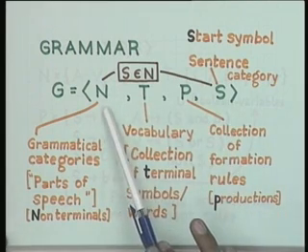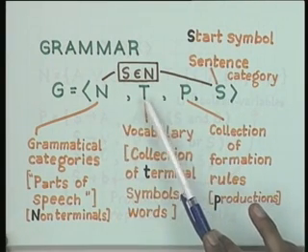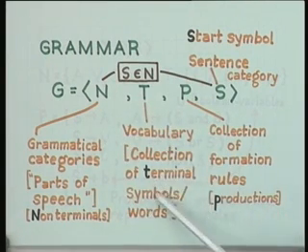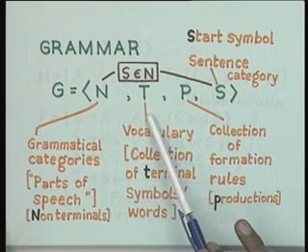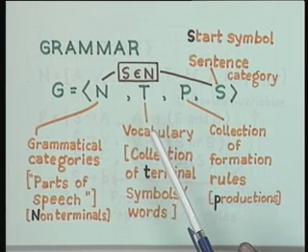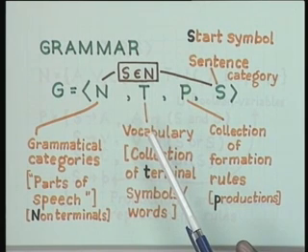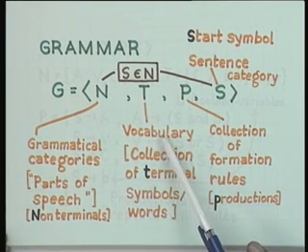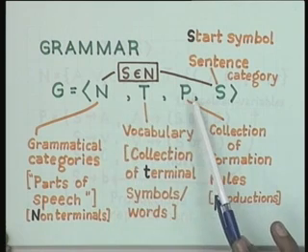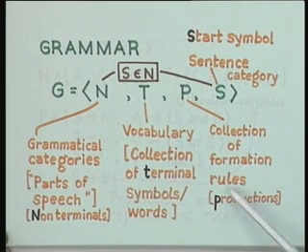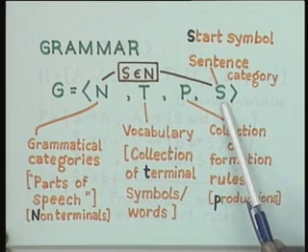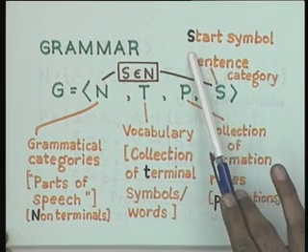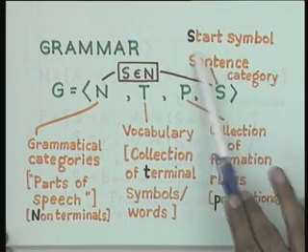Then T is the set of what are known as terminal symbols or terminal words, and T is the complete vocabulary of the language. P is the collection of formation rules, or what are known as productions, and S is what is called the start symbol.